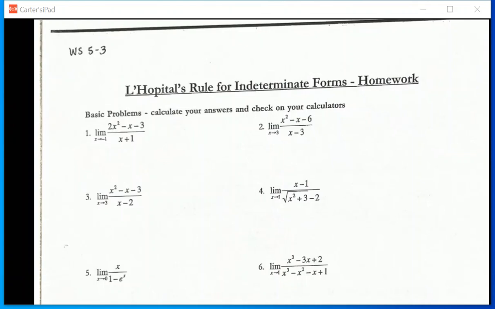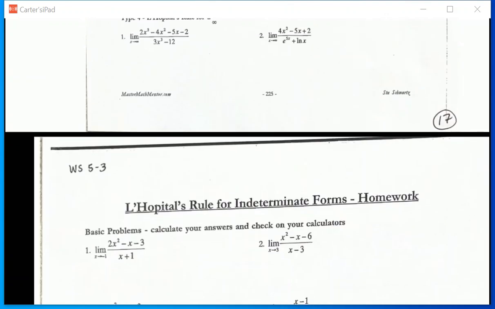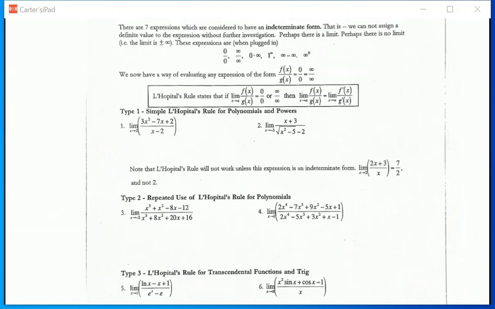If you were in AP Pre-Calc last year, you actually saw this, but if you weren't, it's okay. It's pretty straightforward. There's just some specifics on how we have to write our answer, how we have to present our answer. Actually, page 17 is where we're going to be.